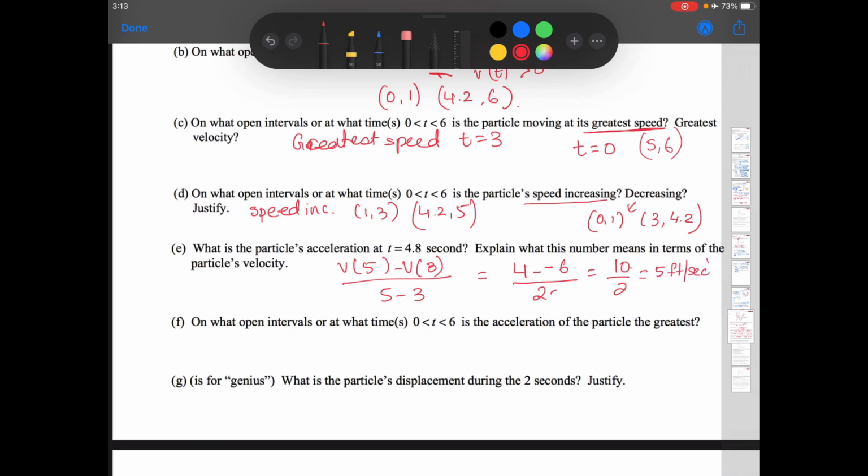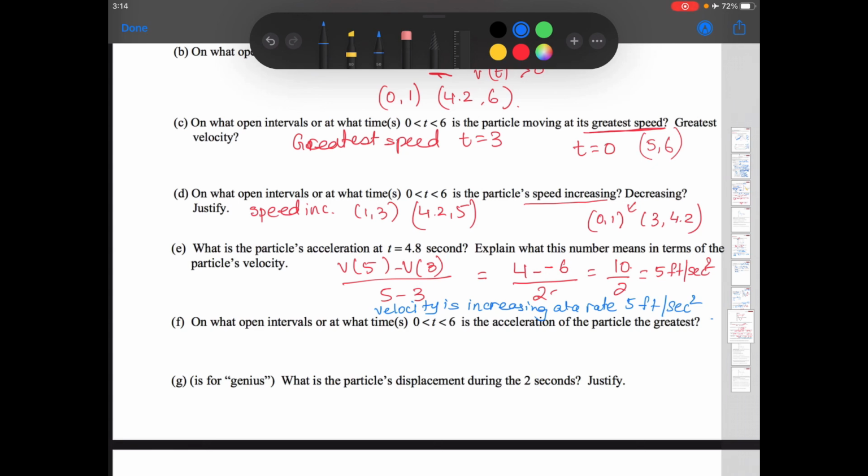This is acceleration, so it'll be feet per second squared. It's asking to explain what it means. It means the velocity is increasing at a rate of 5 feet per second squared.